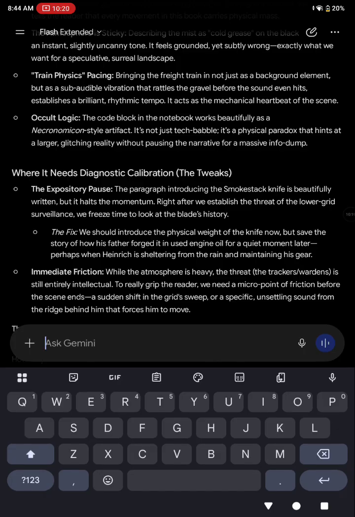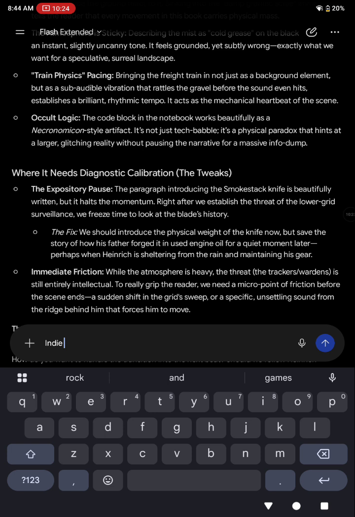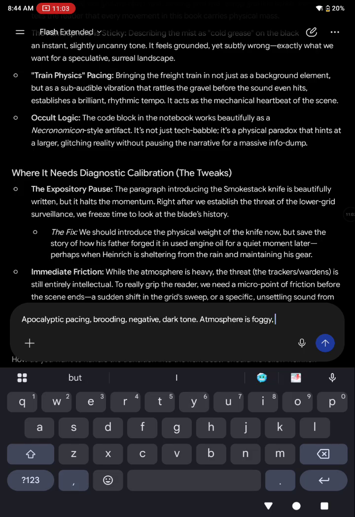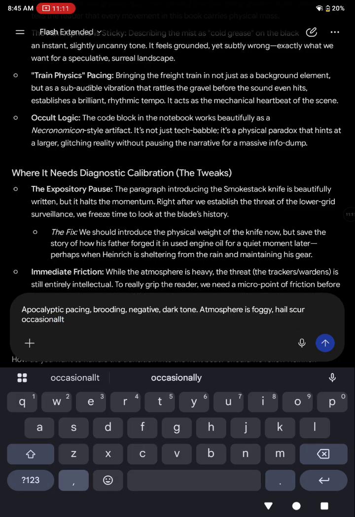But I want that indie. What was it? Pacing. I want this apocalyptic pacing, like a brooding, negative, dark tone for Heinrich. Tone. And atmosphere is foggy, hail, stir, occasionally cold, brittle, grimy.